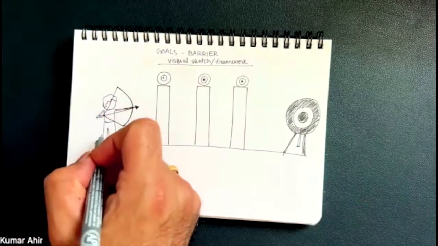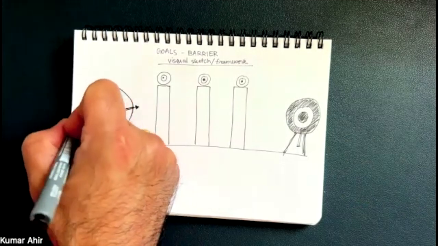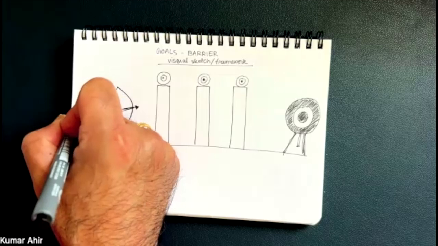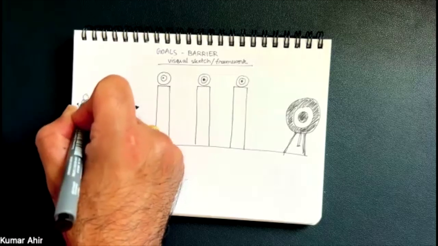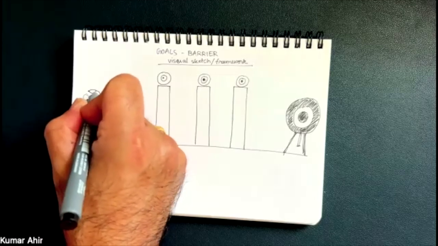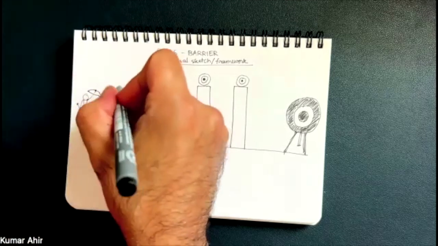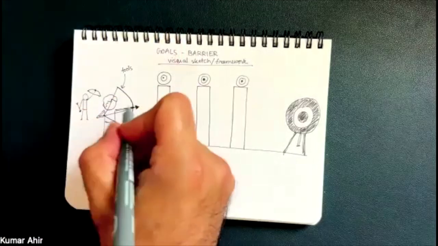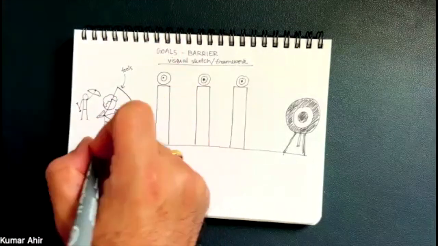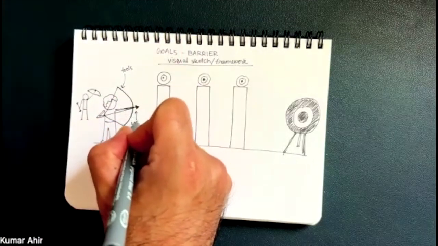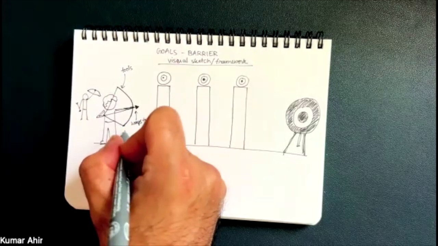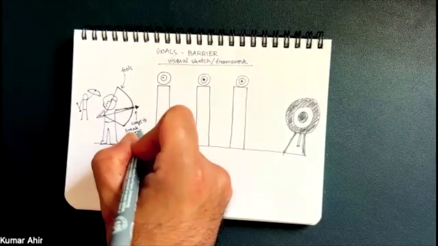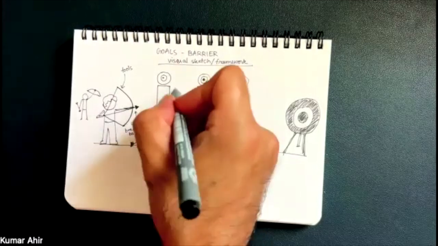So for a team, it can be multiple people with their own set of arrows and bows, right? We can call these our tools, and different types of arrows we can call ways to break barriers. And these are our barriers.